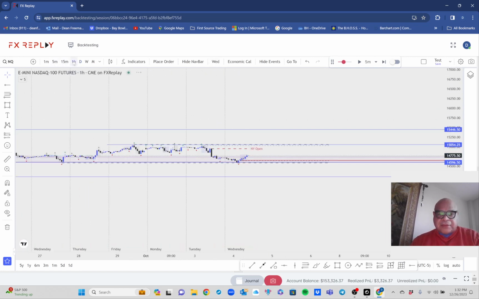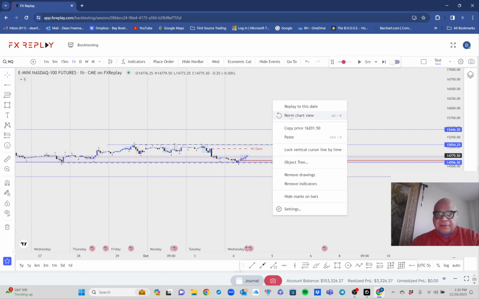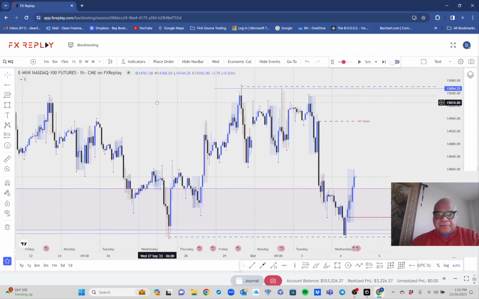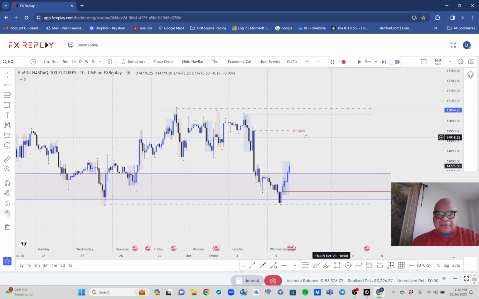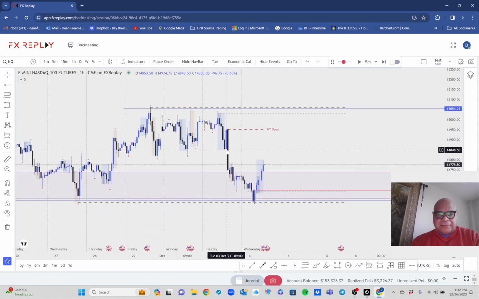I'm going to drop down to the hourly. I don't expect a significant change in my analysis. But I can see here, big fair value gap and the downward displacement candle here, choppy resistance up here, and strong support down here.